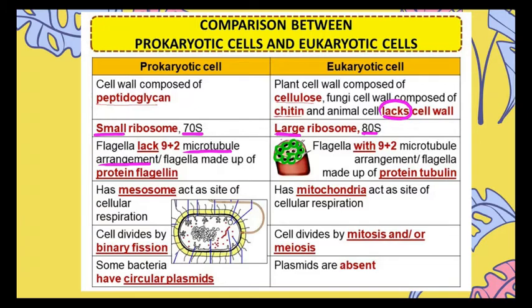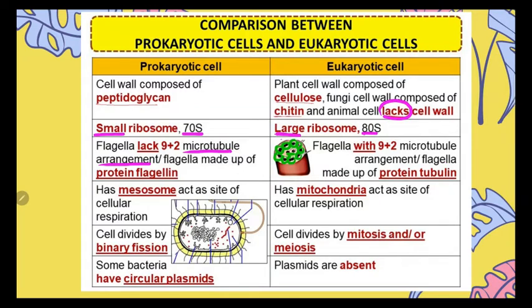Okay, but in terms of composition, flagella of eukaryotic cell is made up of protein tubulin. Okay, if I am a student, actually I will prefer to memorize about the composition of the flagella. Okay, you just memorize protein flagellin for prokaryotic cell and protein tubulin for eukaryotic cell.